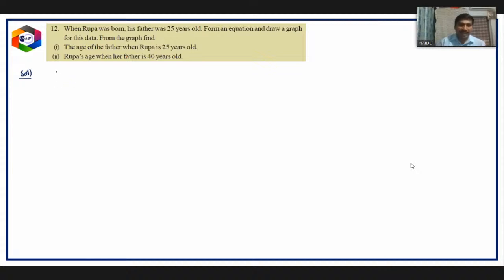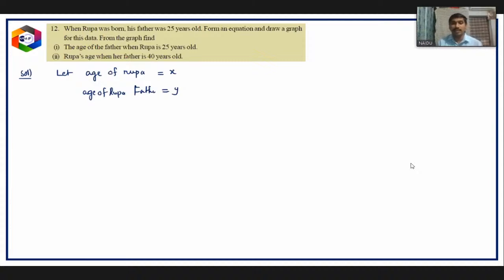So let the age of Rupa be x years, and the age of Rupa's father be y. Since at birth the father was 25 years old, if Rupa is 1 year old, then he will be 26.